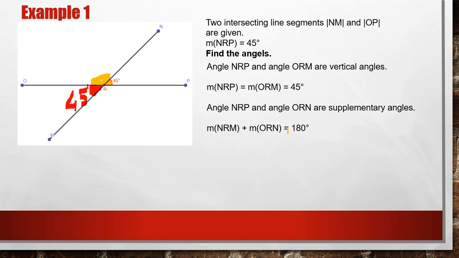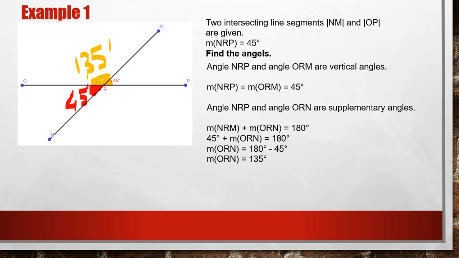So we can find the unknown angle by using the knowledge of 45 degrees. By subtraction, of course, the measurement of the angle ORN equals 135 degrees.